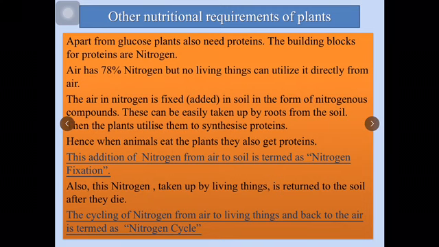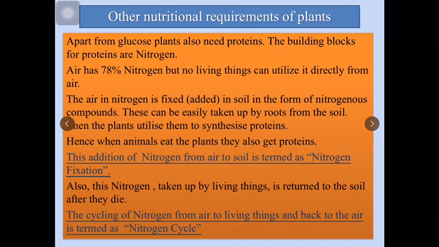Now here you get two questions: what is nitrogen fixation and what is the nitrogen cycle? Fixation means adding or fixing nitrogen in the form of nitrogenous compounds in the soil. So the addition of nitrogen from air to soil is termed nitrogen fixation. But you also know that the percentage of nitrogen in air remains constant.